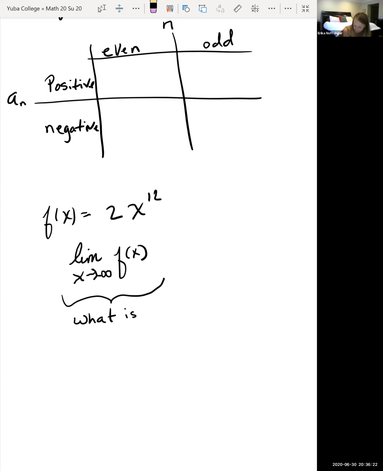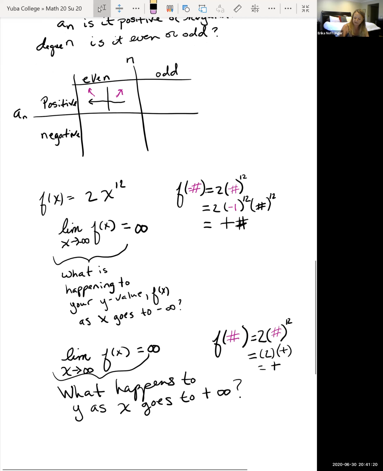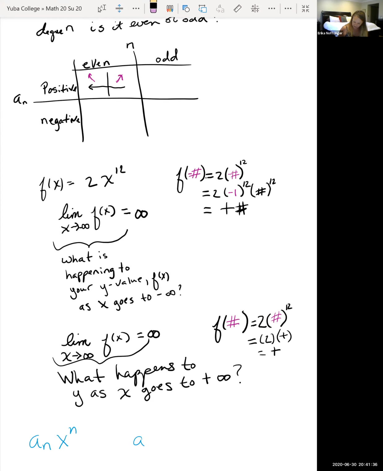Okay, so looking at all these different case scenarios, so positive and an odd number, odd degree, sorry. So if a sub n, let's say a sub n is positive, so greater than 0, and n is odd.